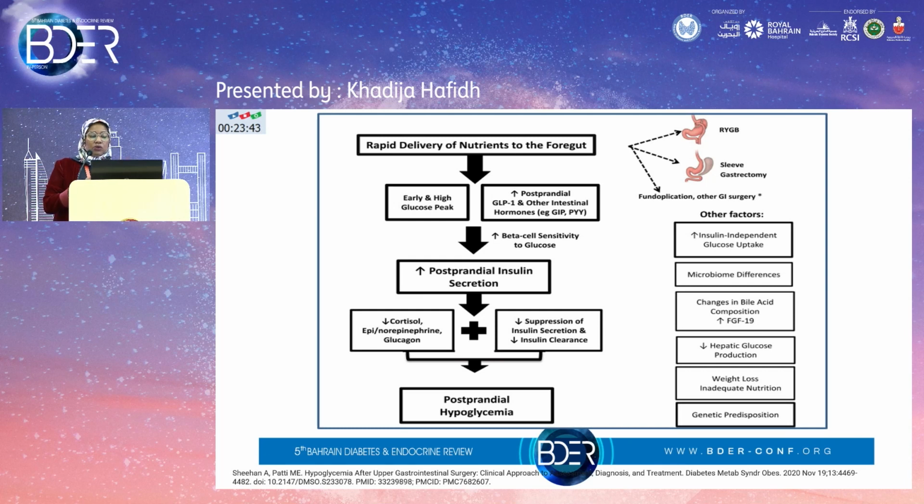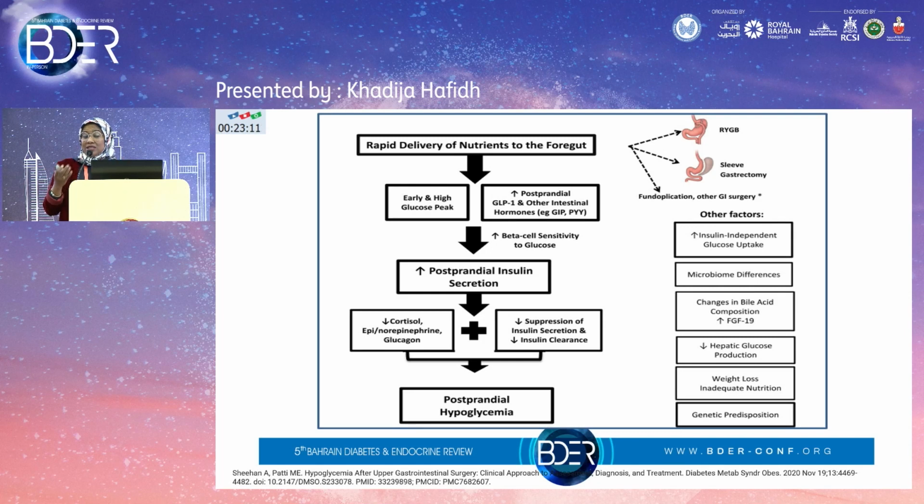On the other hand, we also think there might be a defective autoregulatory mechanism whereby the cortisol, epinephrine, and glucagon levels are lower than they should be. And then we also have other factors such as differences in the microbiome, changes in bile acid composition, and a reduction in hepatic glucose production, which may all be contributing to this risk of developing post-bariatric hypoglycemia.